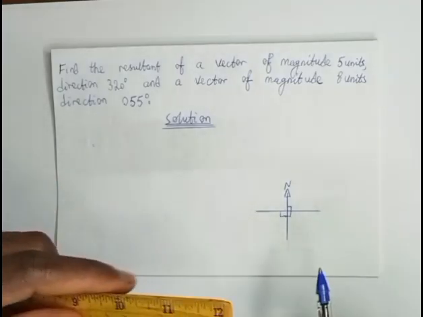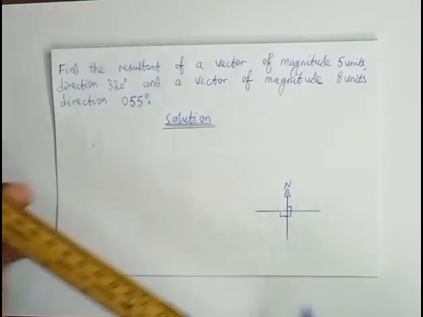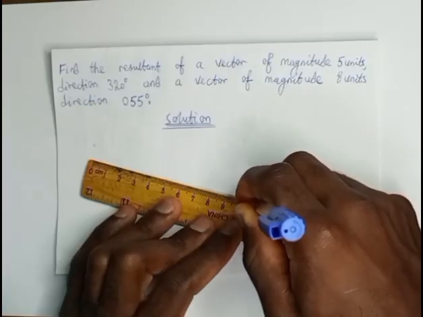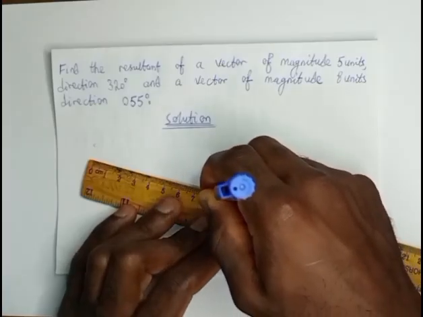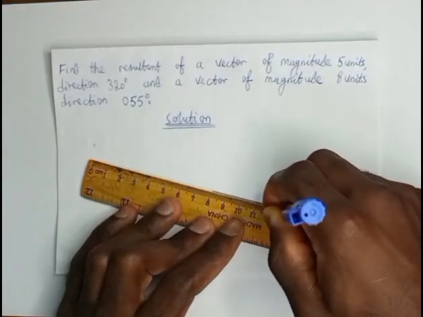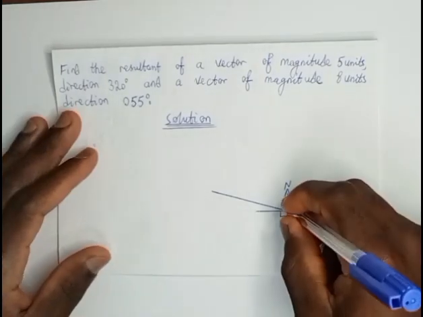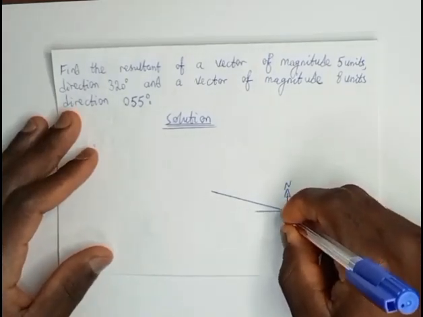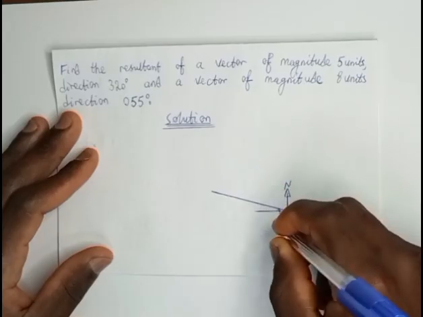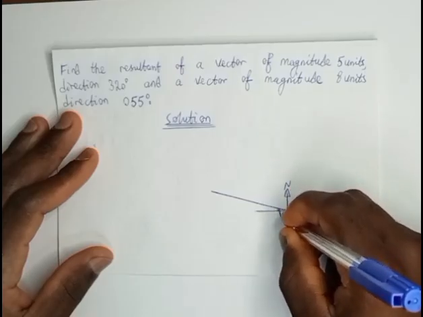Let's represent it. The vector is 5 units. This is the vector. So this angle from here to here is 320 degrees.